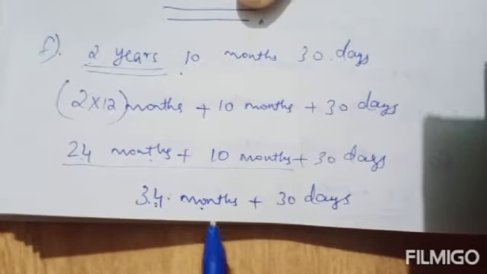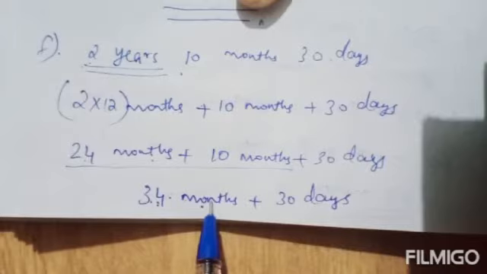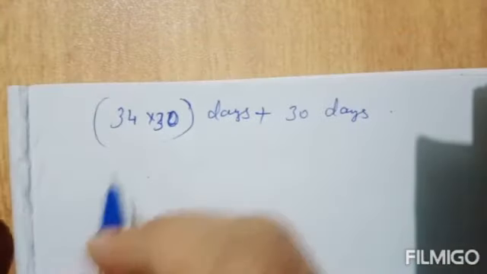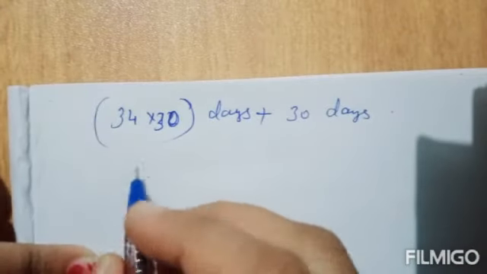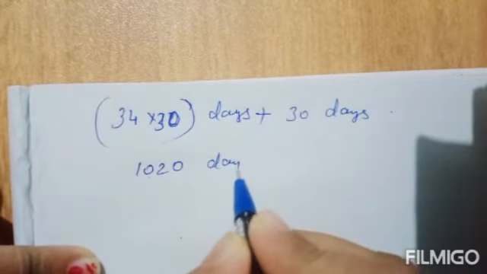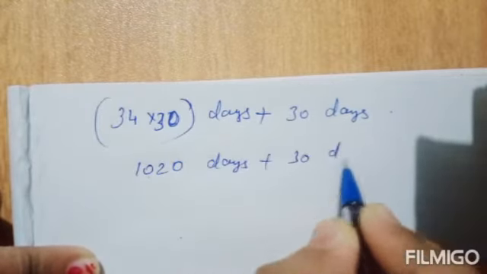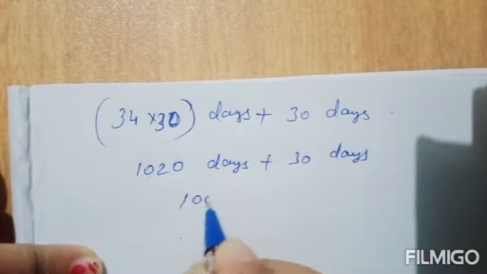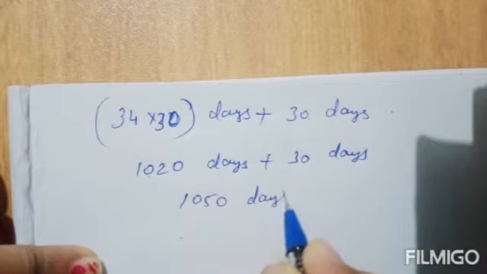So 34 months is 34 into 30 days plus this 30 days. 34 into 30 on multiplying you will get 1020. So 1020 days plus 30 days. Now on adding this, you will get 1050 days.